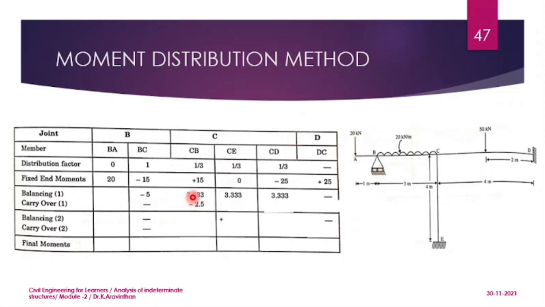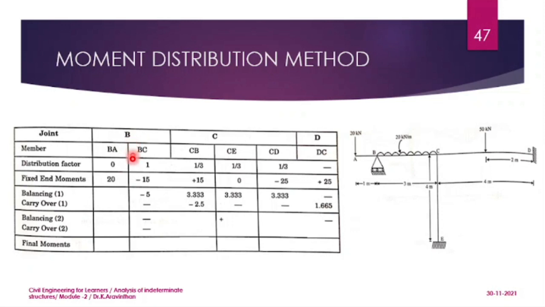Hence, this CB and BC carry-over will not be there. And next is CE. CE will be going to EC. So you have CD, half the moment will be going to DC, that is 1.665.